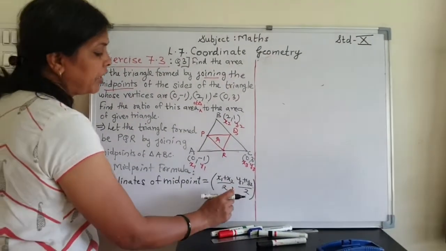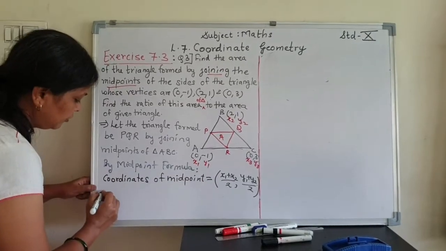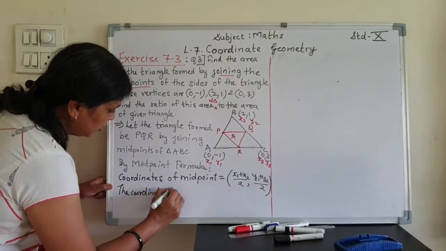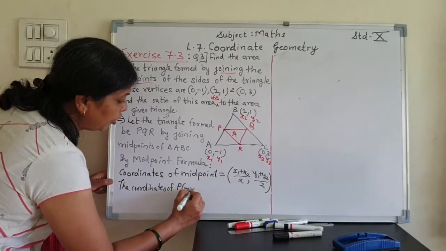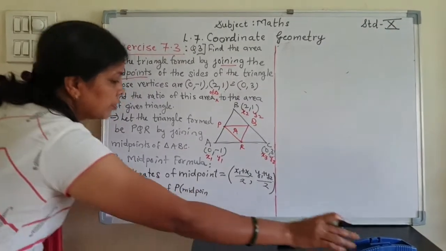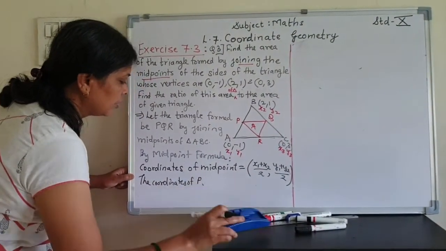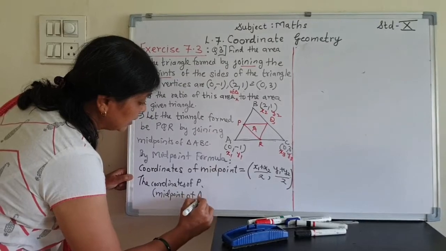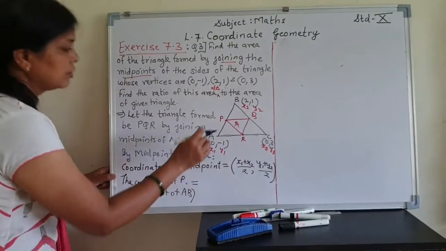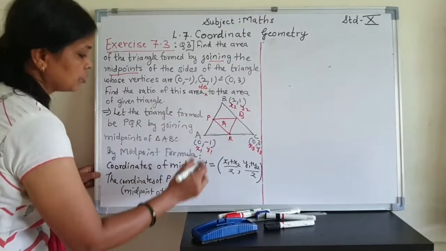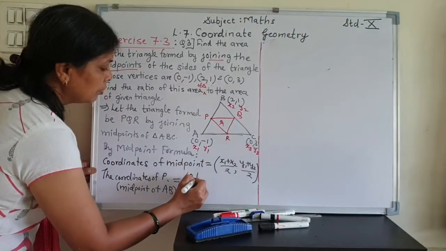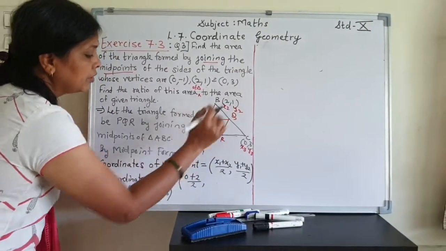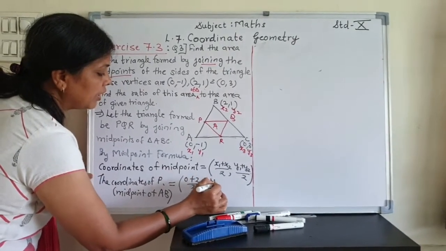So coordinates of midpoint we get by this formula, and then we will see the coordinates of point P, that is midpoint of A, B. So you can see this A, B. So here x1, x2: 0 plus 2 upon 2, minus 1 plus 1 upon 2.